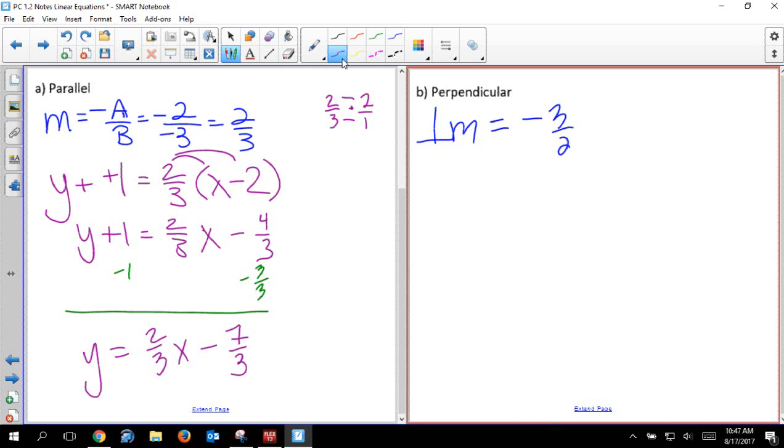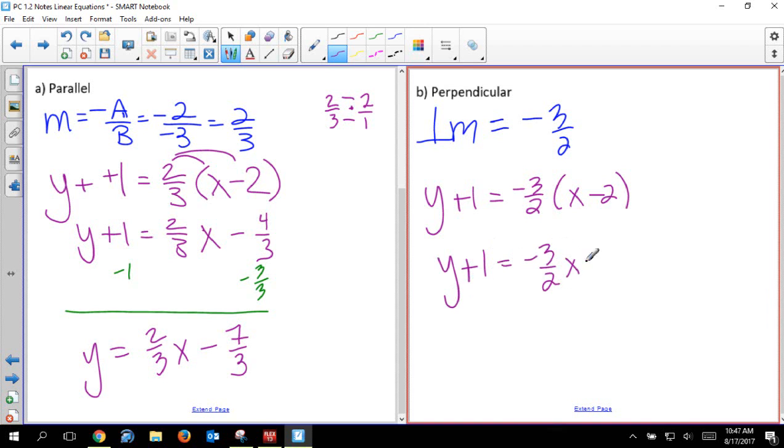We have y plus 1 equals the new slope, -3/2, times x minus 2. So use the same ordered pair, just a new slope, and distribute it. When I multiply -3/2 times -2 over 1, we get 6/2, which is 3.